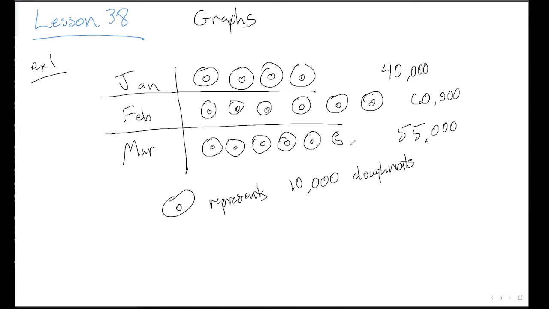But we do have other types of graphs. One of them is called a bar graph. And you've probably seen this. So if I took my same information about donut sales, I could still do the same type of data. So let's say sales on the left here.